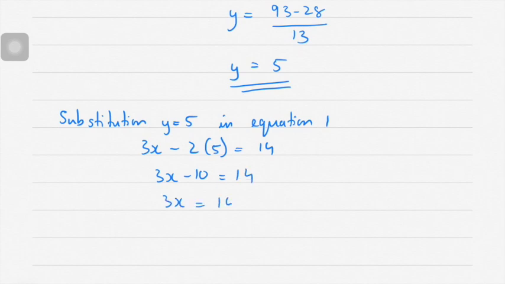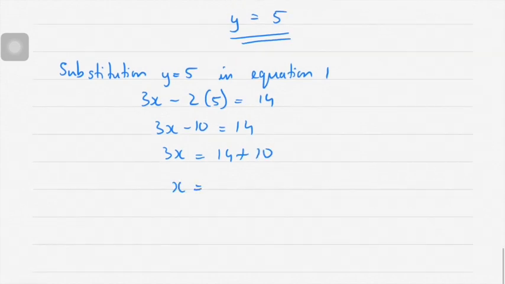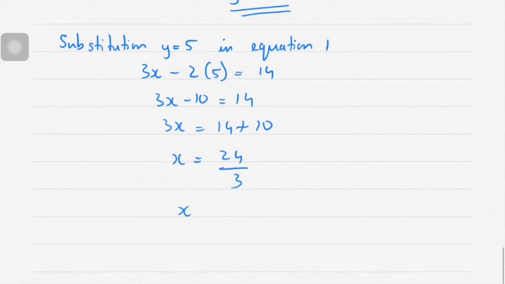So 3x minus 10 is equal to 14. 3x is equal to 14 plus 10. So x is equal to 24 by 3. X is equal to 8.